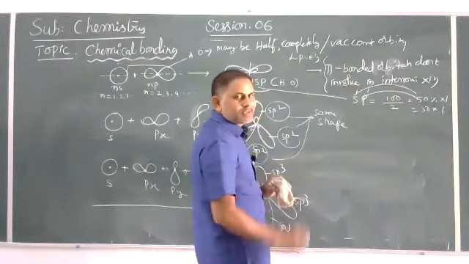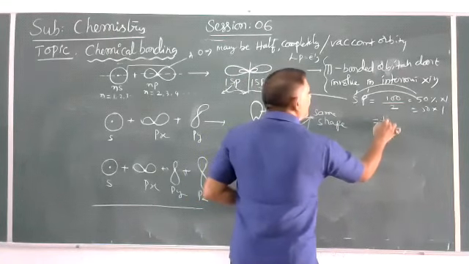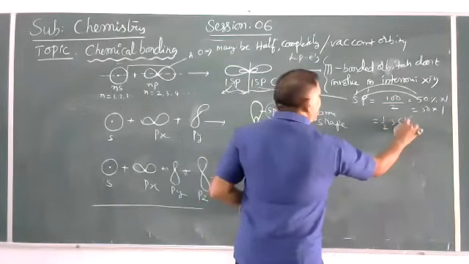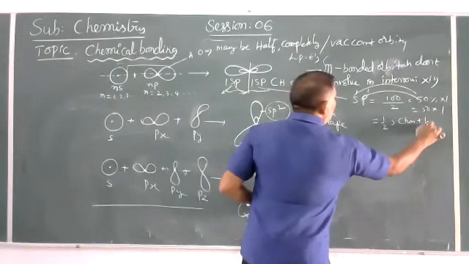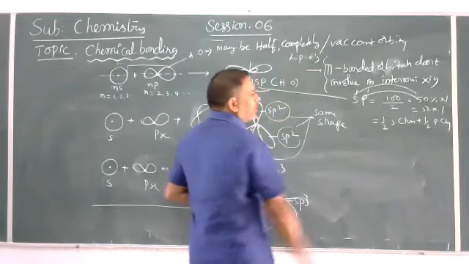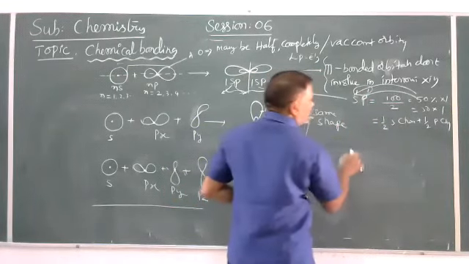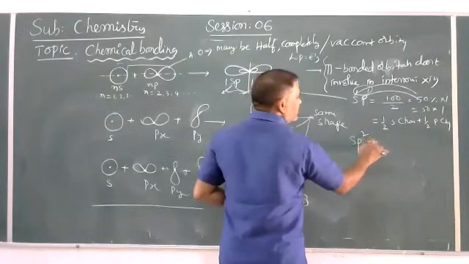In terms of fractions, 1 by 2 of s character plus 1 by 2 of p character. Total is 2, s only 1, p only 1.